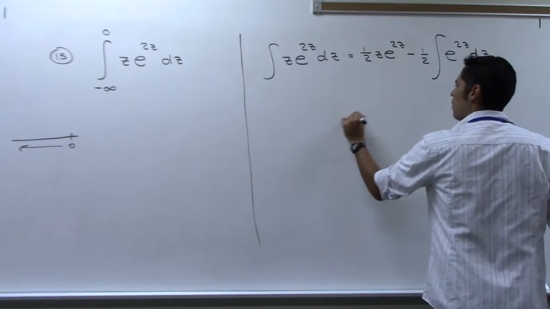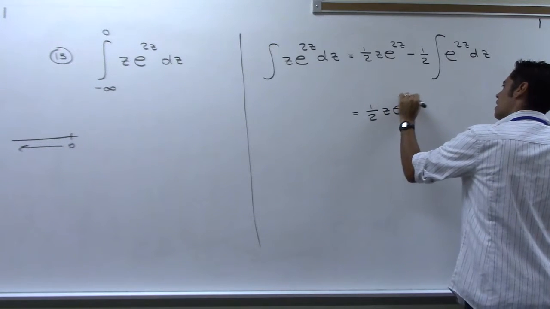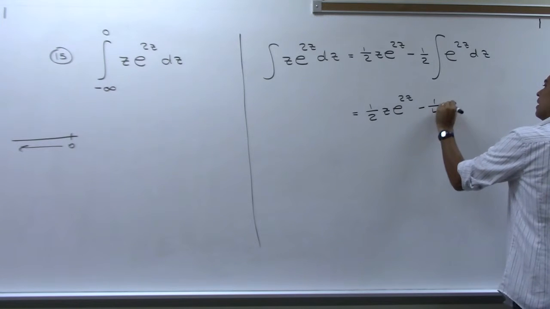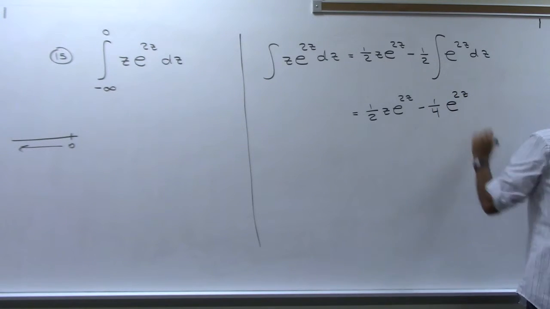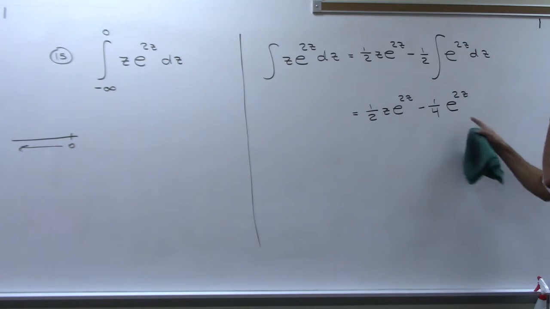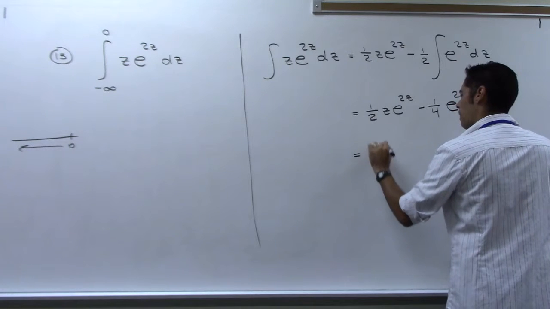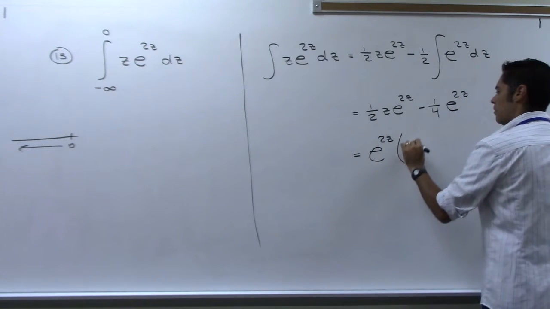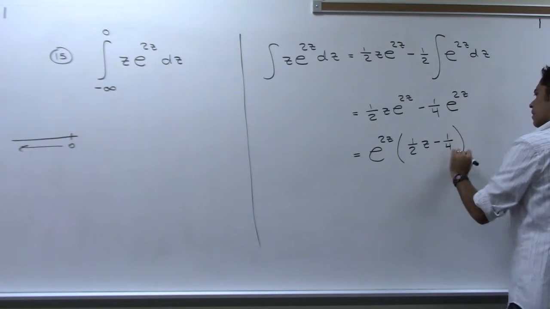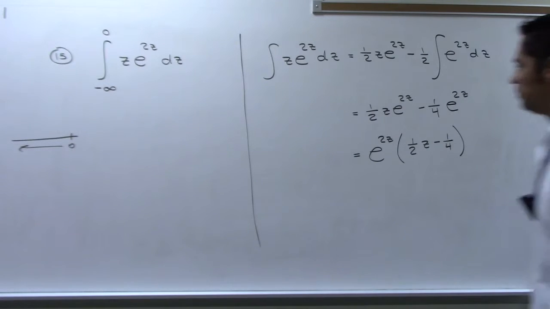So we get 1/2 z e to the 2z minus 1/4 e to the 2z. The 1/2 that came out joined up with this one. These both have an e to the 2z in them, so I'm going to factor out an e to the 2z and be left with 1/2 z minus 1/4. All right, I think that that's good.